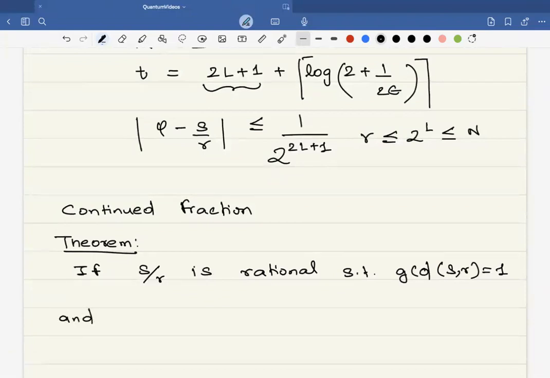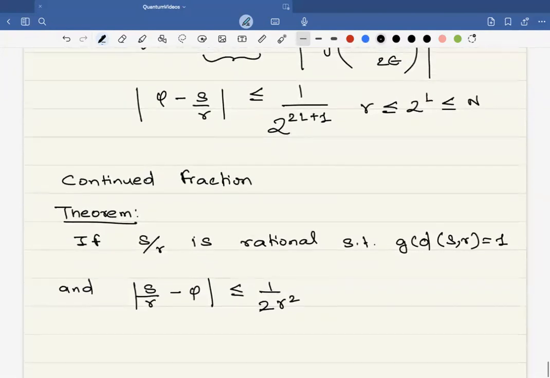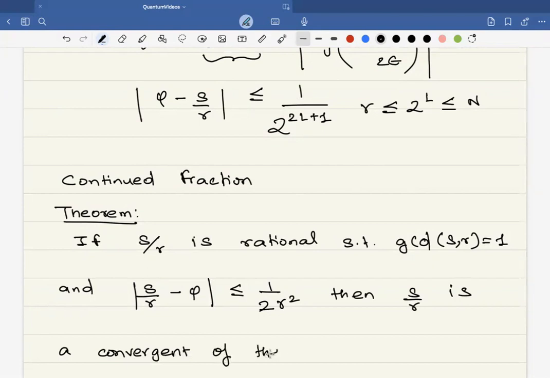and there exists a phi such that |S over R minus phi| is less than 1 over 2R squared, suppose such a phi exists, then S over R is a convergent of the continued fraction of phi.